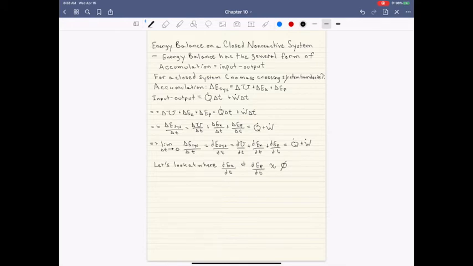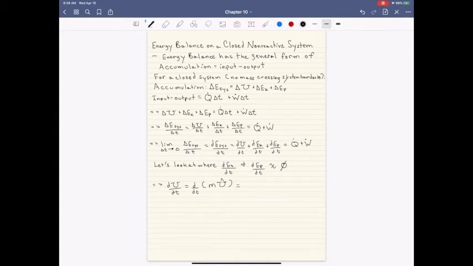And so what we're left with is just dU/dt, right? What we're looking at here is a total dU/dt. And what we could say is that that total U is equal to some mass times a specific internal energy.